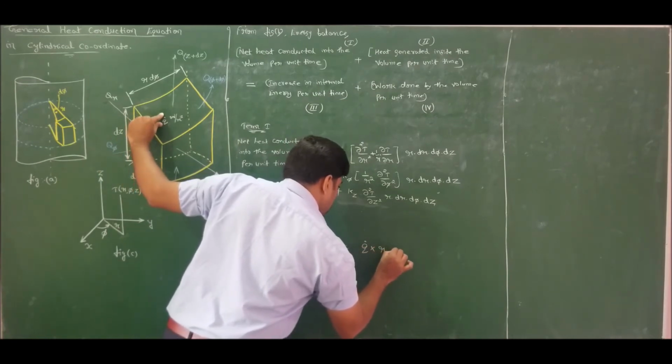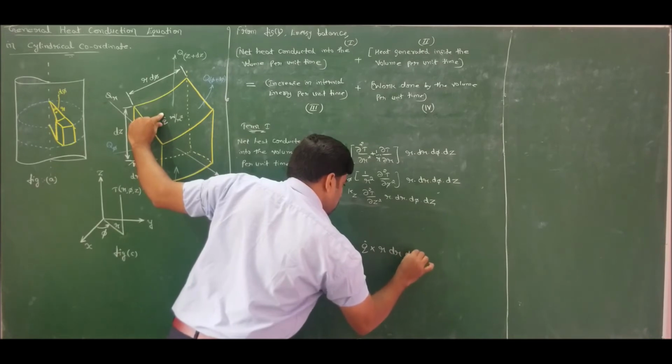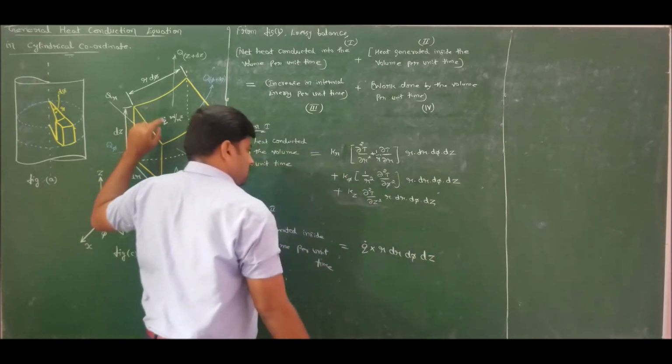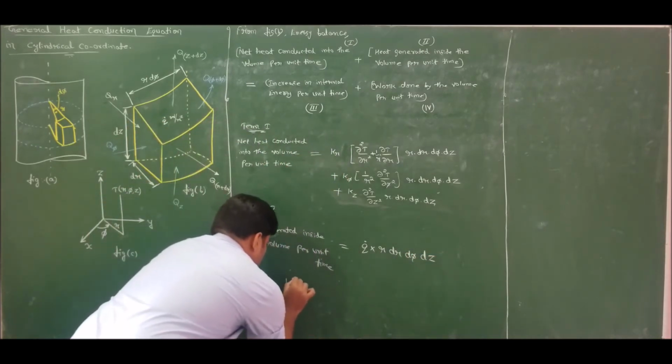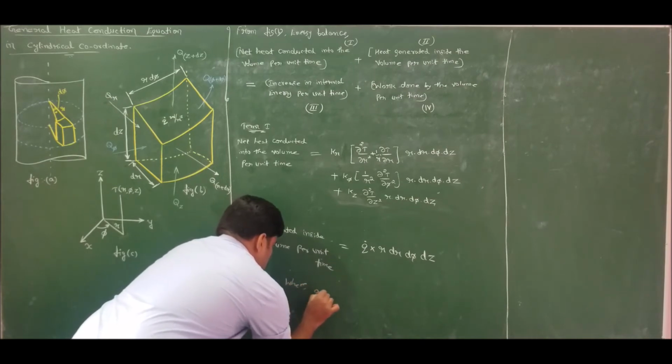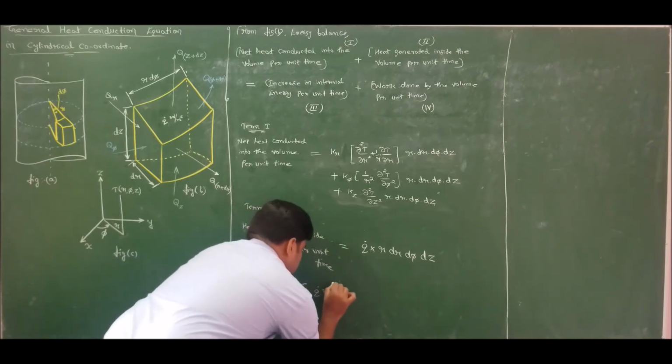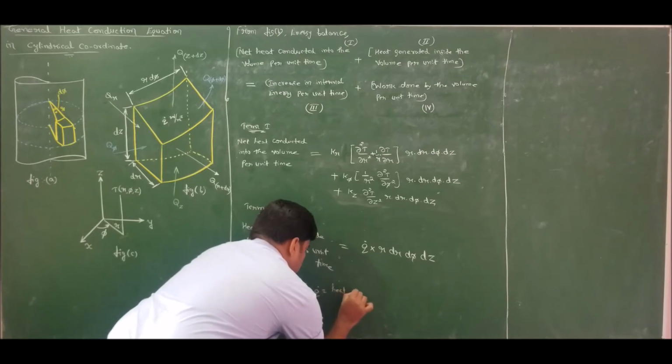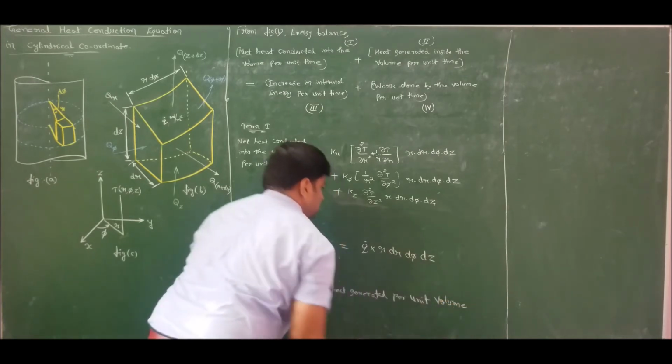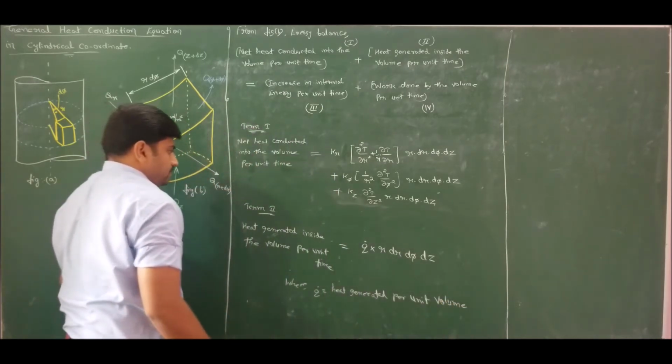Volume is r dr d phi dz, where Q dot is the heat generated per unit volume.